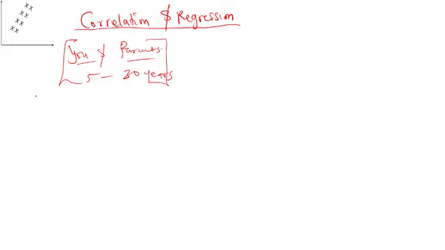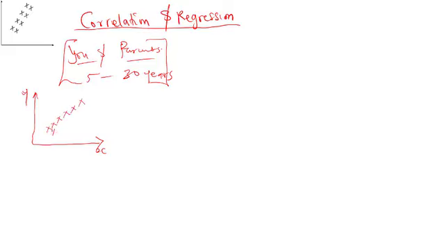For example, if we have y, this is the y-axis and this is the x-axis. If y increases when x increases and y decreases when x decreases, the scatter diagram, their relationship would look like this.